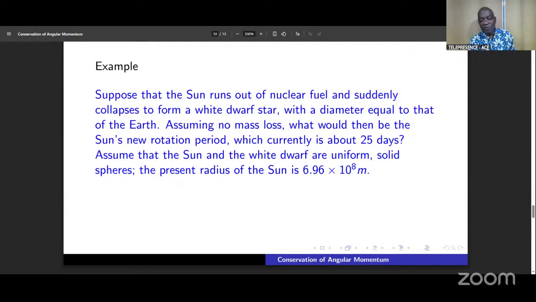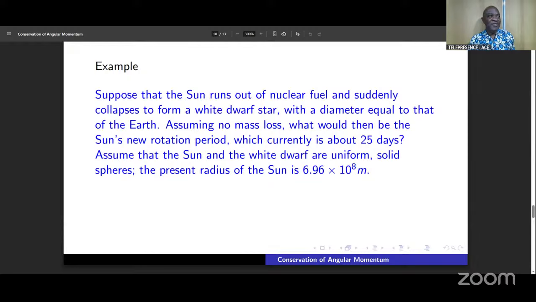So assuming no mass loss, what will then be the sun's new rotation period? Since the configuration has changed, the period of rotation will also change. The known standard here is that the period of rotation for the sun is about 25 days.